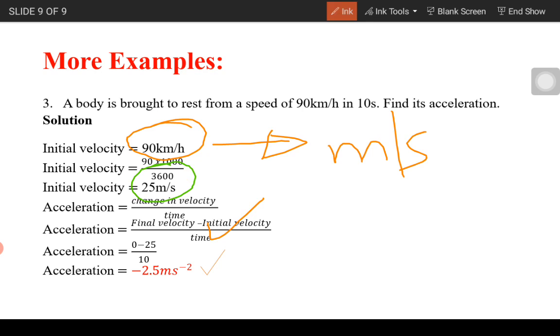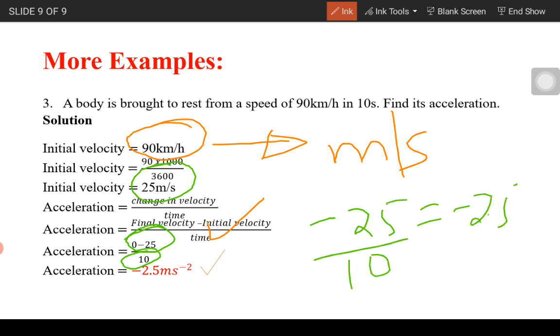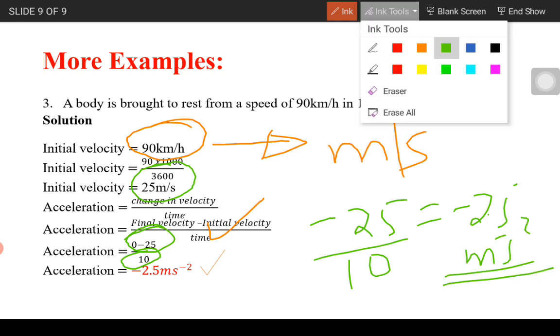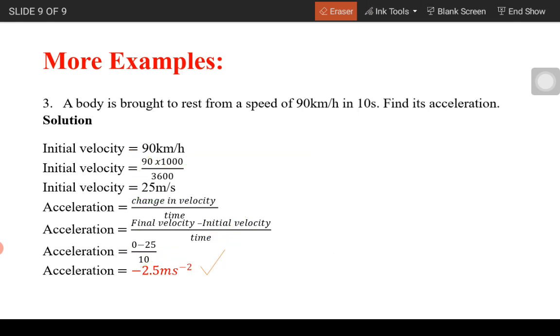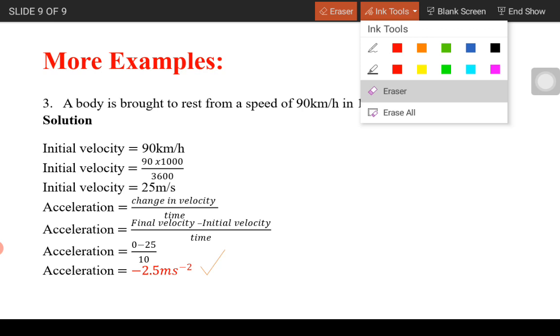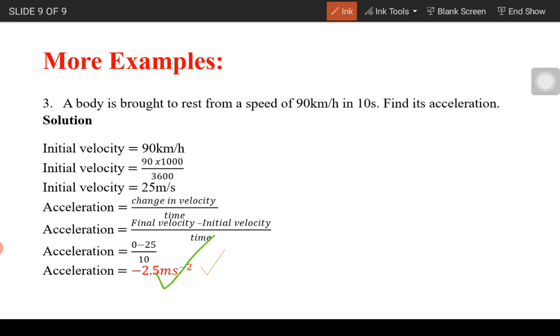So it is 0 minus 25, divided by 10, which is negative 25 divided by 10, which is negative 2.5 meters per square second, and you score all your marks.